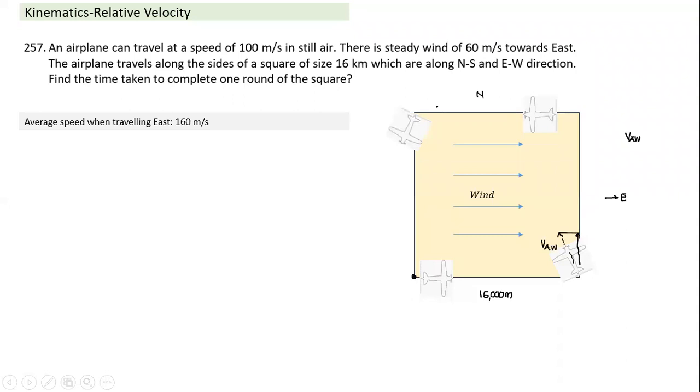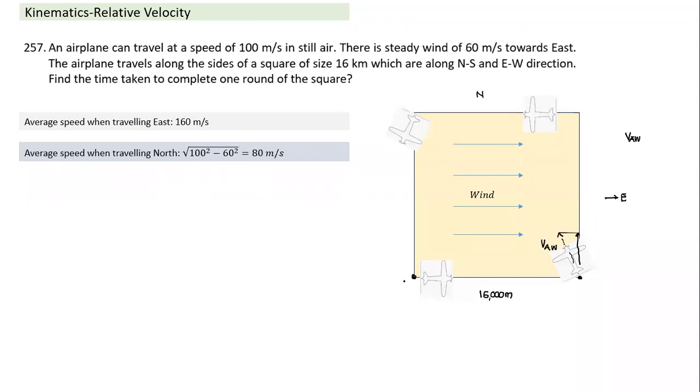So let's calculate how much time it will take. When it is traveling towards east, the plane velocity with reference to the wind or air and the wind velocity are both in the same direction. They will add up. It will become 160 meters per second.